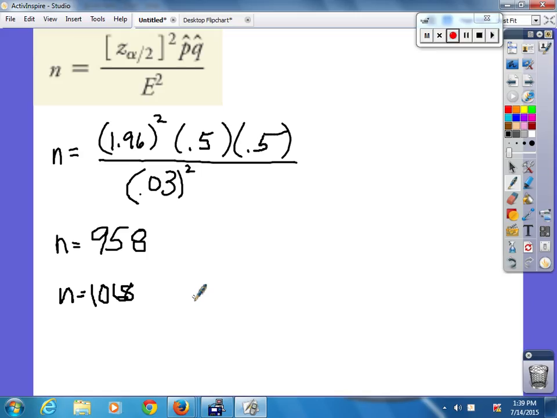If you were an executive and you had a report due next Monday, which one would you go with, 958 or 1,068? 1,068. You go with more. Why do you want to go with more? Big number rule. Remember the large number rule. Chapter 1 or 2? The large number rule. The more trials, the closer you're going to get to the actual probability.